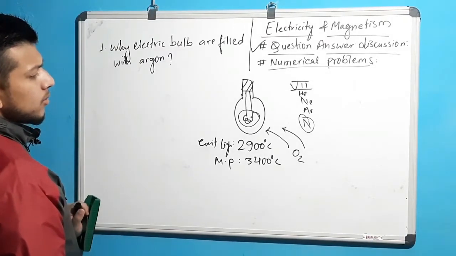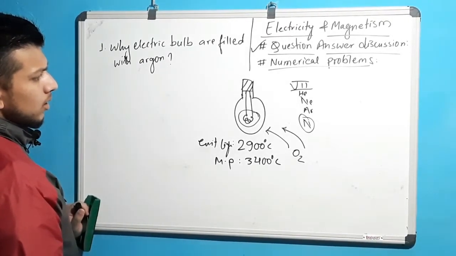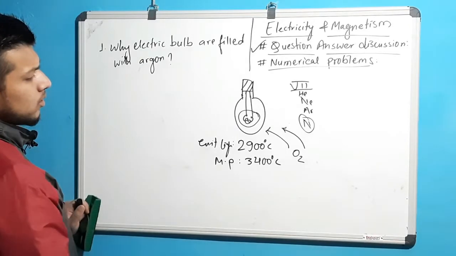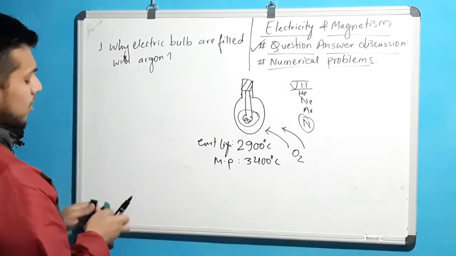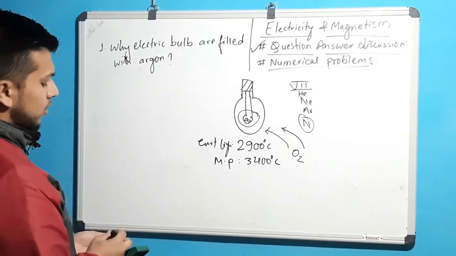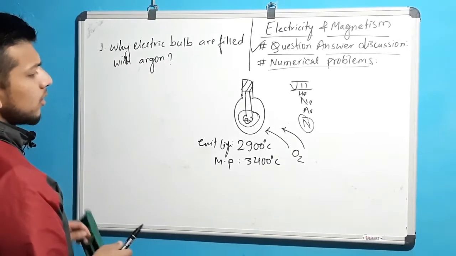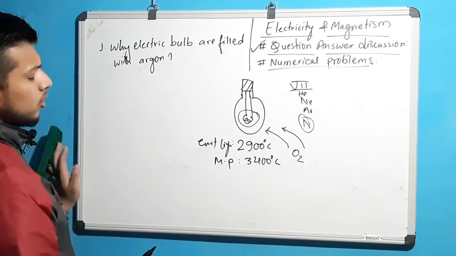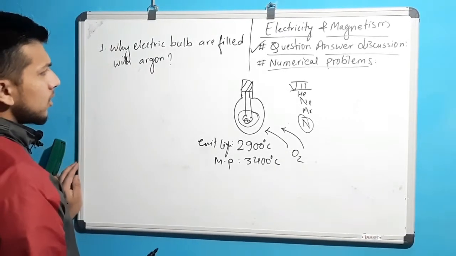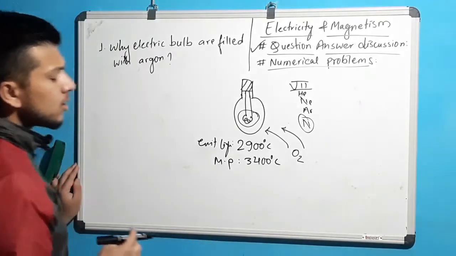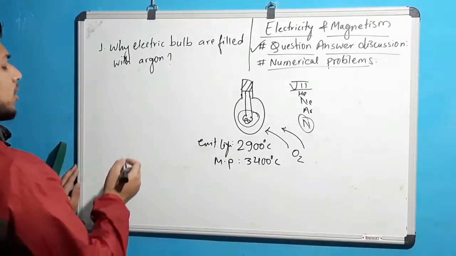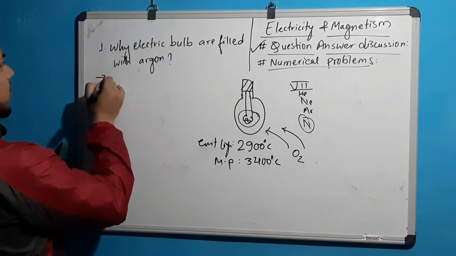Nitrogen also sometimes reacts with the filament, then the lifespan of the filament bulb will decrease. When we use the inert gas, it does not react with the filament at any temperature.